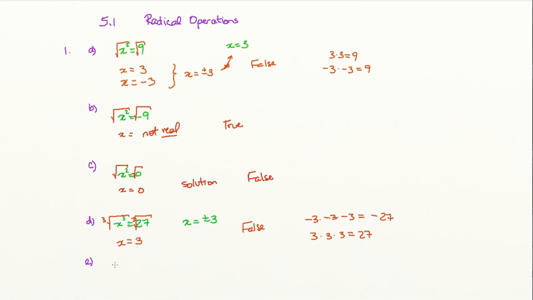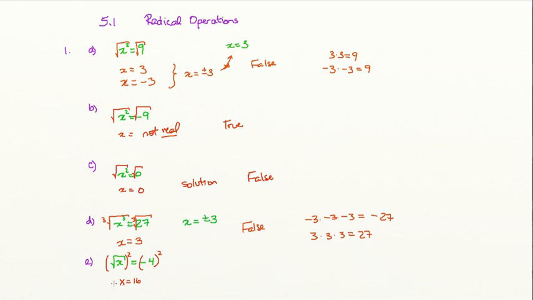E, the equation root x equals negative 4 has no real solution. I guess we're going to have to square both sides. If I square both sides, I get x equals 16. Now the problem with this is that it's not negative. How do I go back?